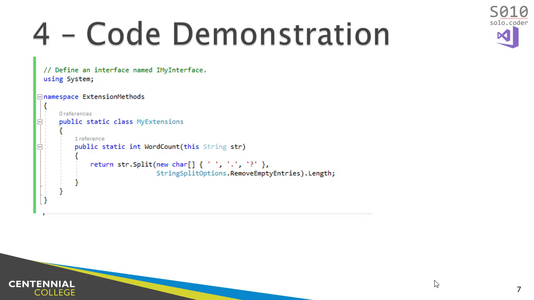But the parameter that you have for your method is the type that you want to extend, to create a new method from. Again, this method has a parameter which is of the type that you want to extend. And then inside the method, you can use that as your string and do whatever you want here.